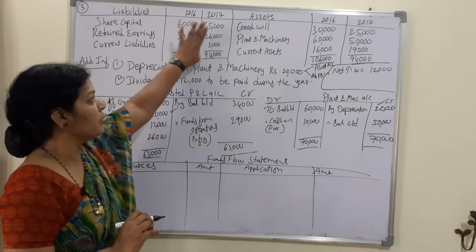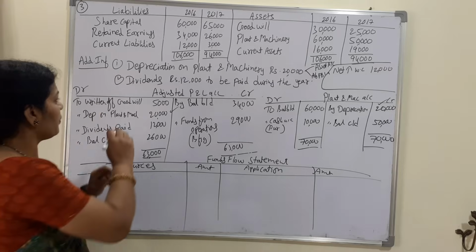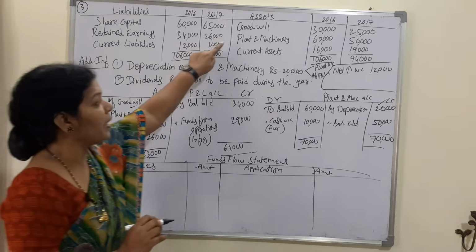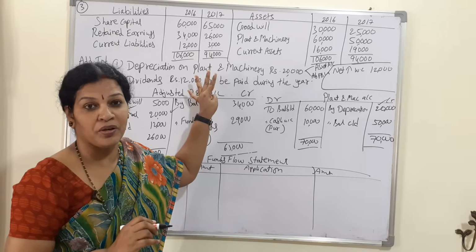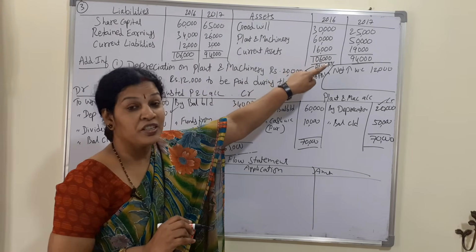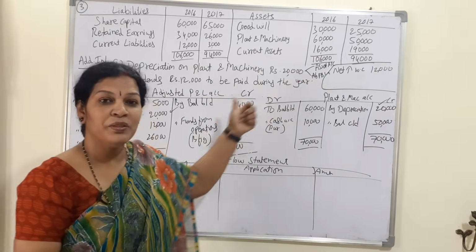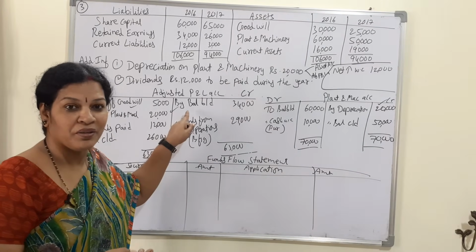First see from the asset side. Goodwill already over. Goodwill is written off here, we have taken. Now plant and machinery. Plant and machinery generally if depreciation is not given, then plant and machinery value is decreasing. Decreasing means sale. Sale means we could have written on the sources side if depreciation is not given.